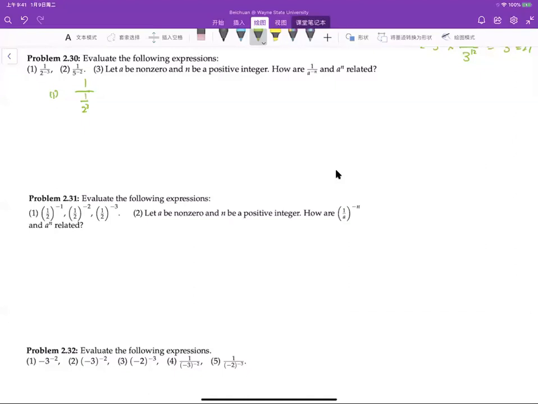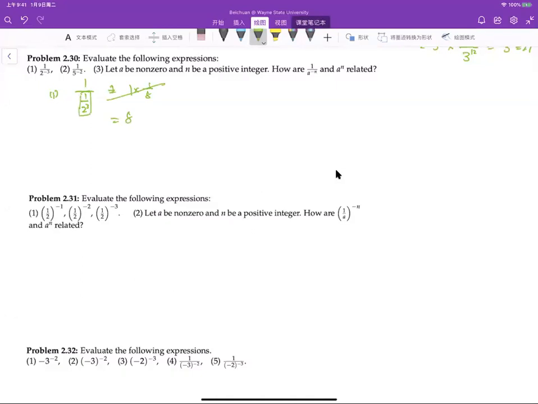That's 1 times 1 over 8, which is 1 over 8. Actually, this means you take the reciprocal of 1 over 8, right? So what's the reciprocal of 1 over 8? It's 8. So that's equal to 8.